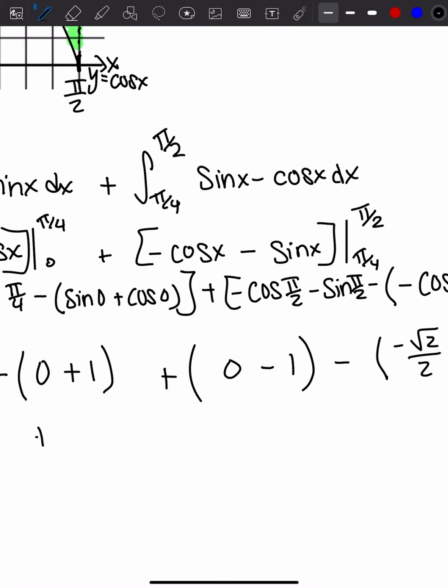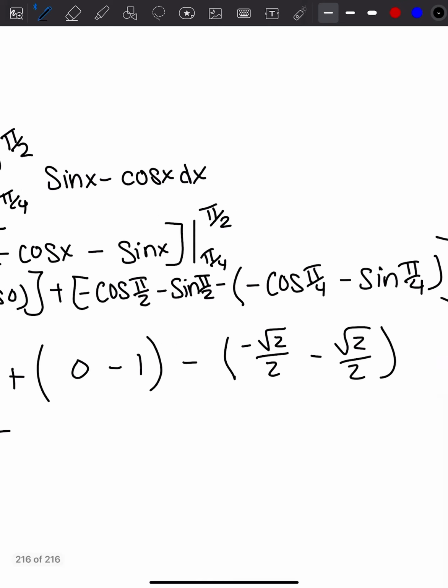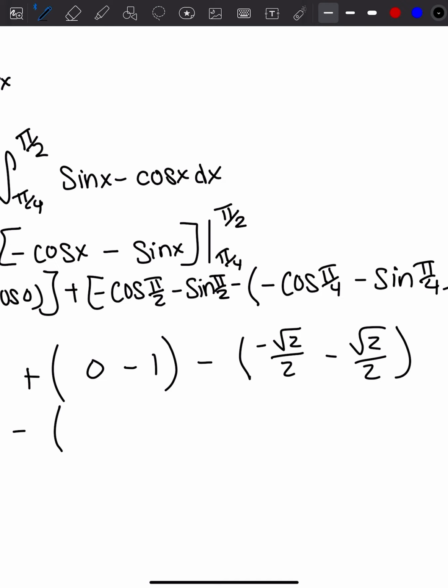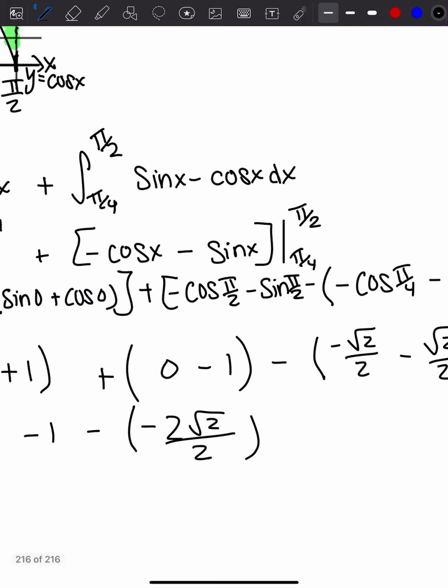To that, we're going to be adding 0 minus 1, so negative 1, minus, and we have the same thing. We have 2 negative versions of it. So we have negative 2 square root of 2 over 2. The 2's are going to cancel each other out, and our minus and negative is going to turn it into a positive.